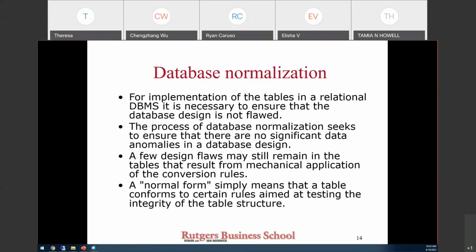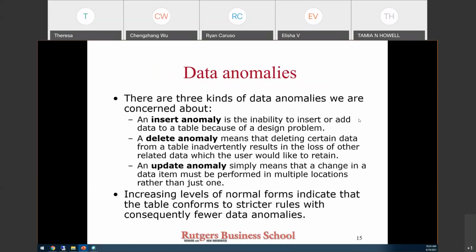So, why do we need the database normalization process? Simply because if the tables are not well designed, we will confront some data anomalies.